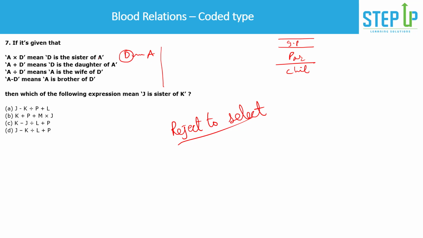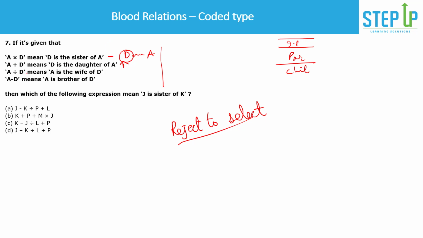So it's important to note that this symbol means that they would be in the same generation. While A plus D says daughter of A, that means there would be an uptick, right? That means there would be a change.